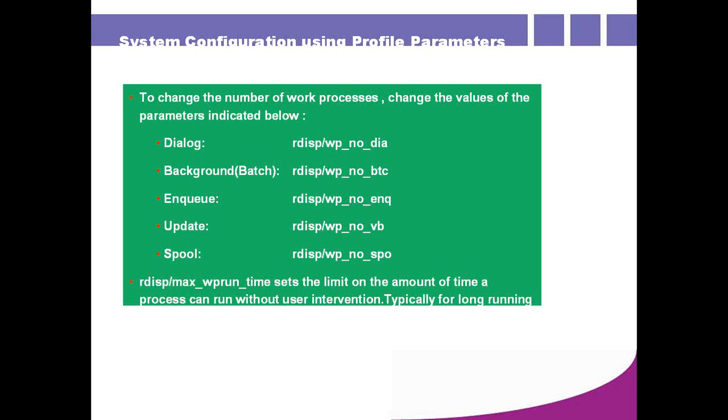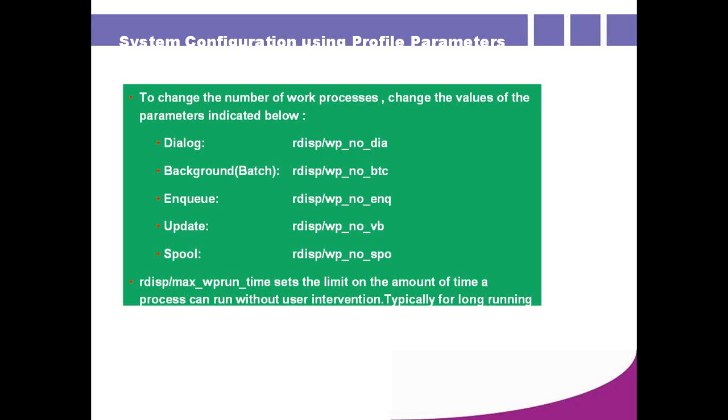As I told you in the initial class of work process, there is a limitation on dialog work process. We won't allow a dialog work process to run beyond some time, that is 600 seconds. Because if I allow more than that, all your dialog work processes get stuck for long transactions and no other user can log in.